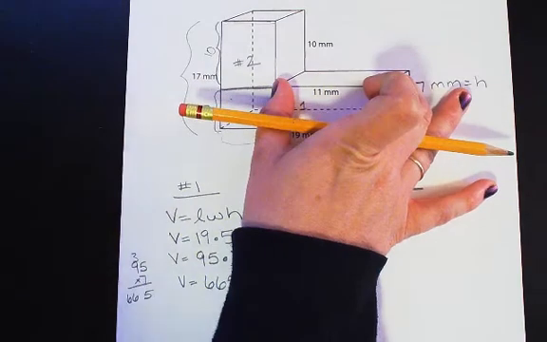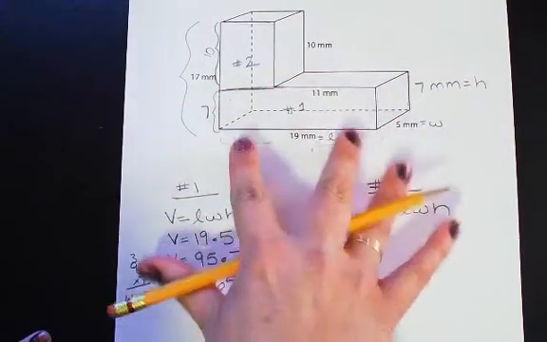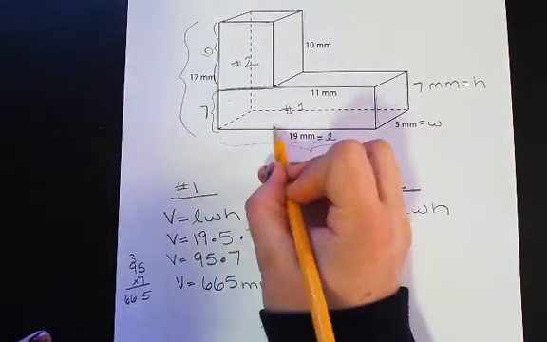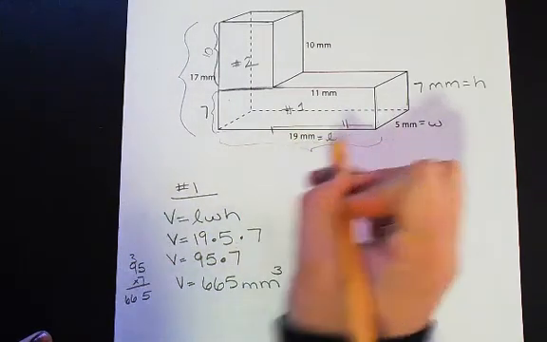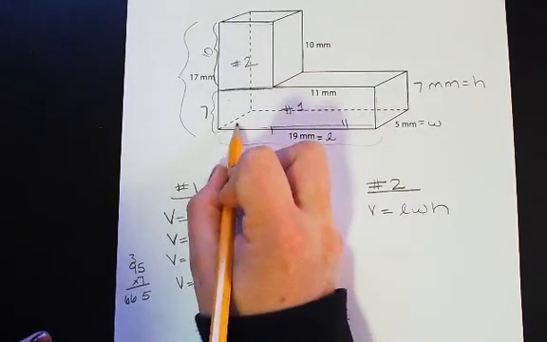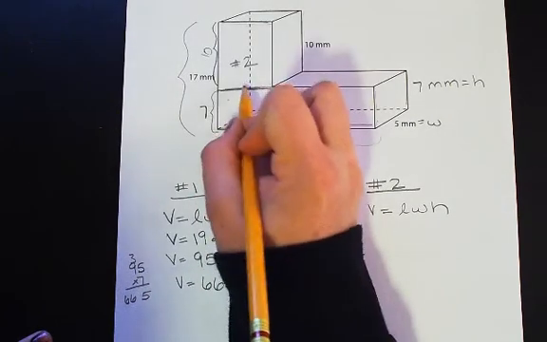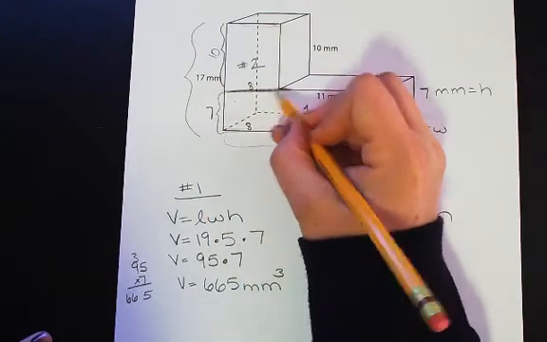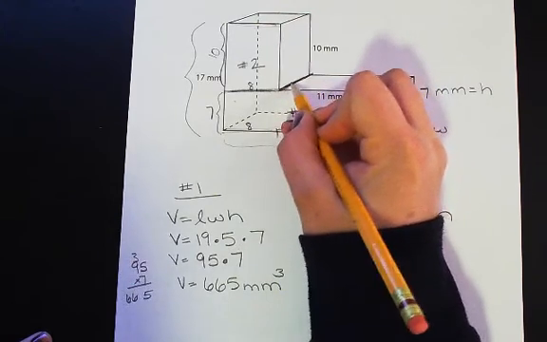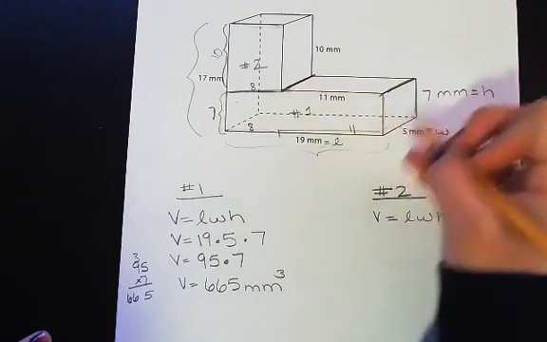The other thing that's going to help me is that this over here is 11. So this being 11 and the total being 19, if I chop that off and say from here to here is 11, that means this part from here to here has to be 8. So I know my length is 8.